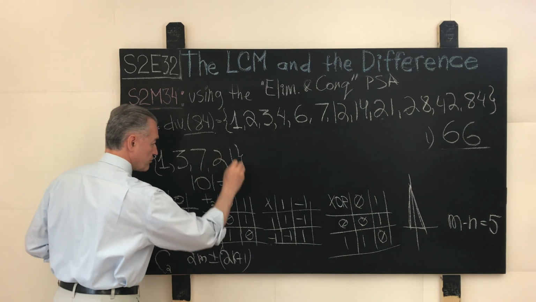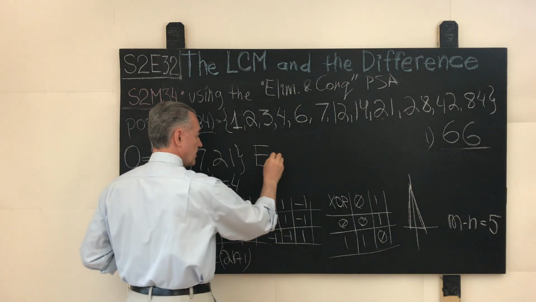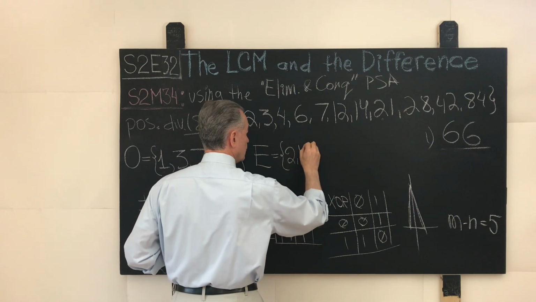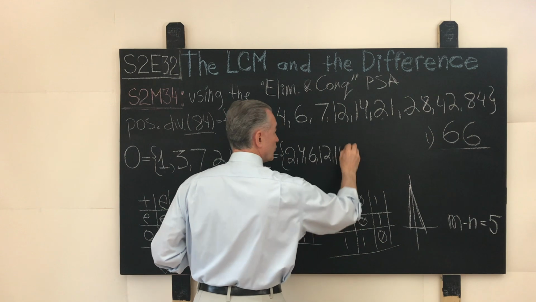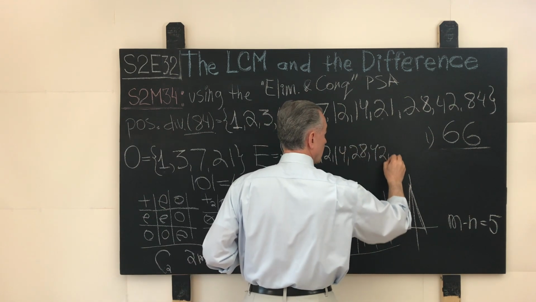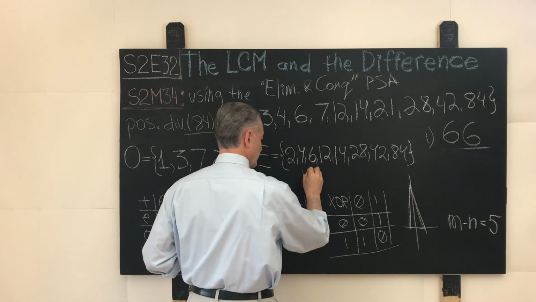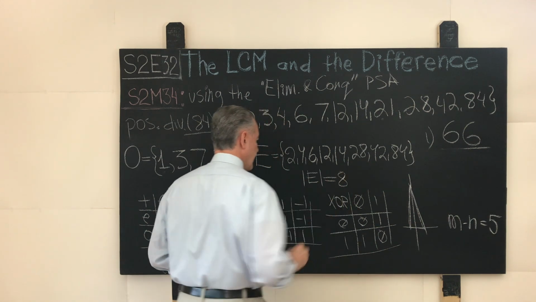It's what? 1, 2, 3, 4. And the subset E, the subset of all the even numbers, will be what? 2, 4, 6, 12, 14, 28, 42, and 84. And the cardinality, the size of the set, will evidently be 8.